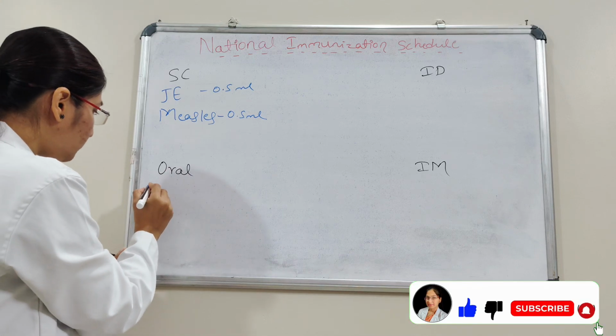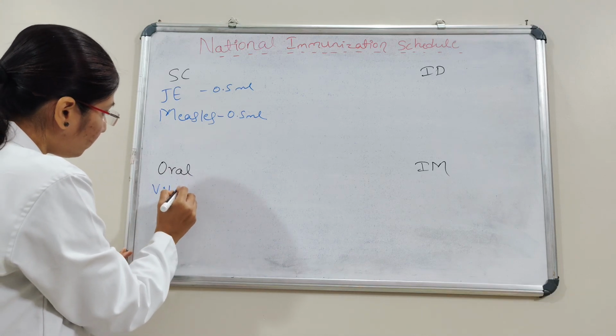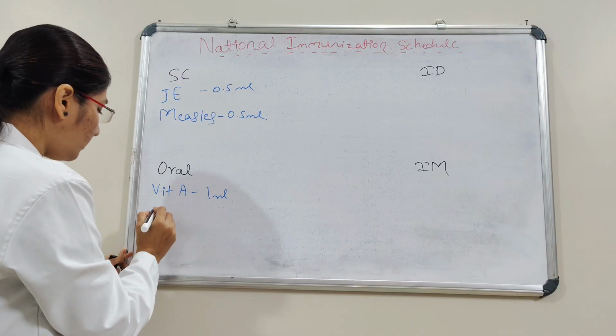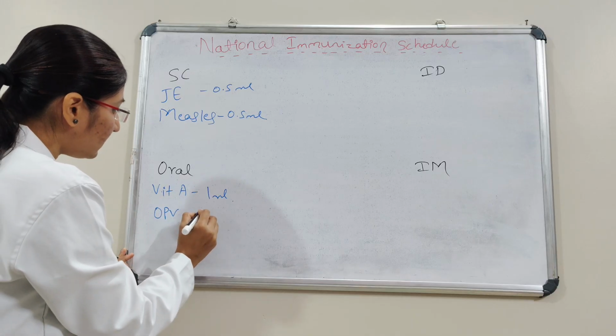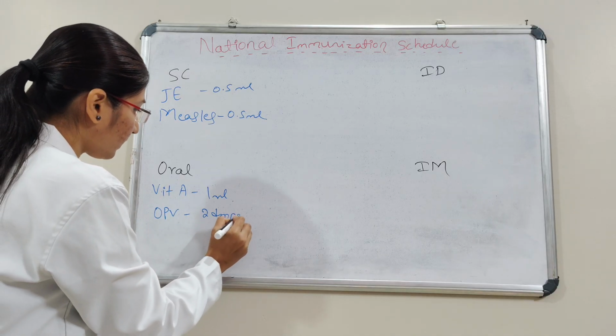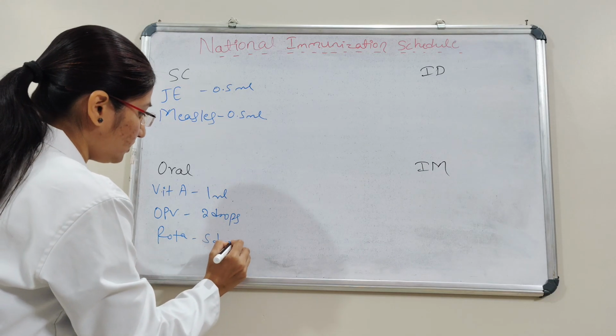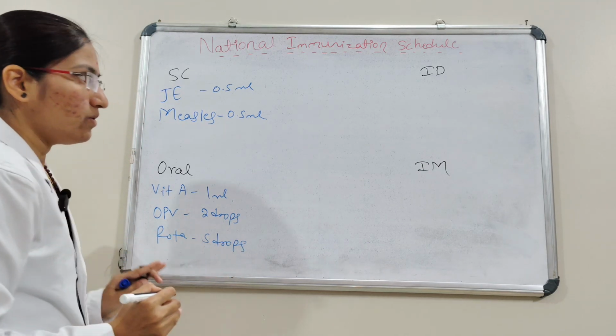Comes to the oral route. Here vitamin A, that is 1 ml, and then oral polio vaccine, 2 drops, and then rota, 5 drops.